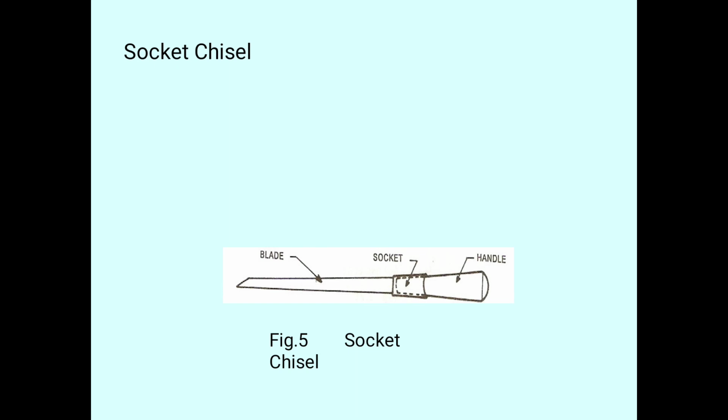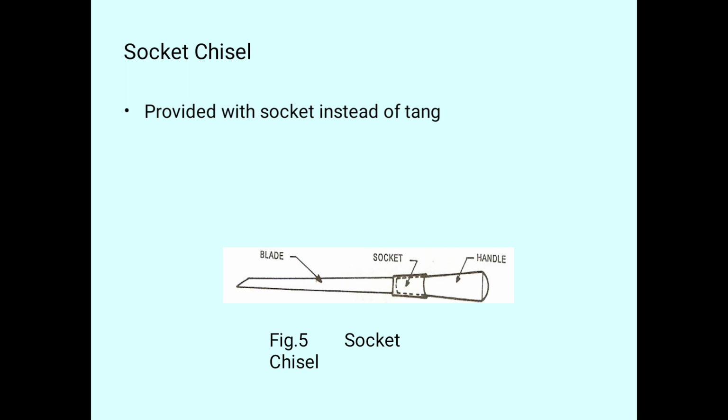There is a handle and a blade, and between the blade and the handle there will be a socket. We are placing a socket between the blade and the handle. What is the purpose of this socket? We discuss here. It is provided with a socket instead of a tang.